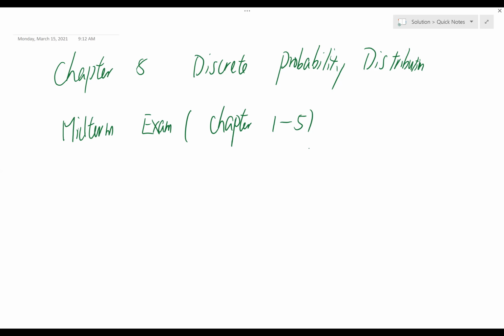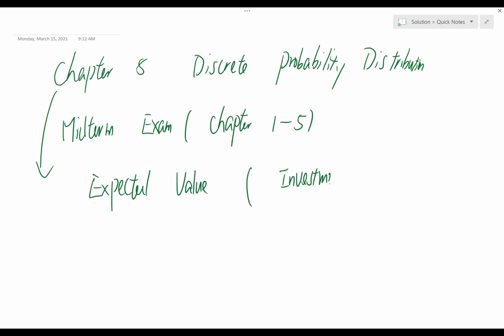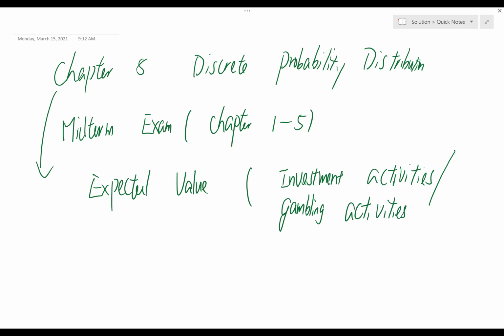All right, so let's talk about the expected value. Expected value is a very important concept in any investment activity. If you have any investment or gambling activity, or if you go to a casino and play any game, this concept is important to guide you in terms of winning or losing when you play those games.